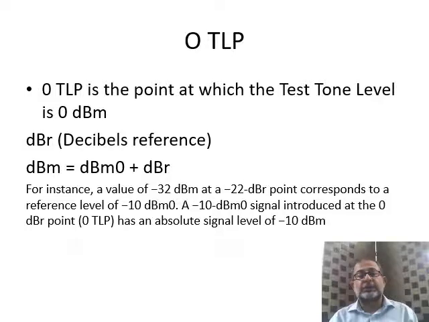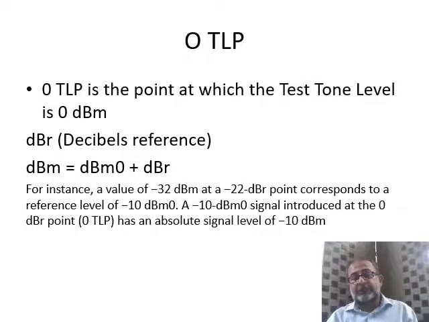Now let's see what is zero test level tone or the zero test level point. It is the point at which the test level tone is 0 dB. Then we have got a term dBr, which is the decibels reference. If we want to calculate the exact value in dBm, we need to have dBm0 plus dBr.